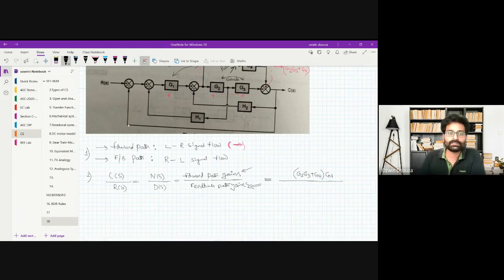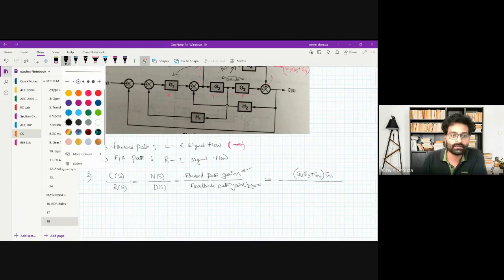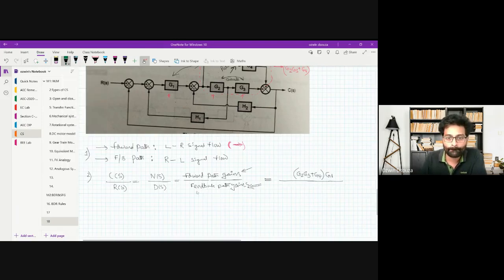And now let us try to find out the feedback path gain. So let me write here. Now as you can see, in this given problem the feedback is negative in nature.